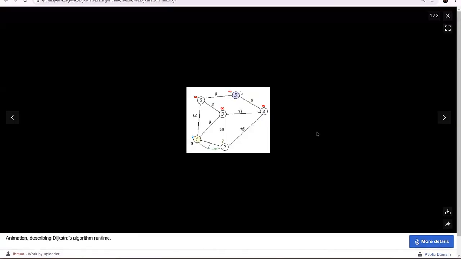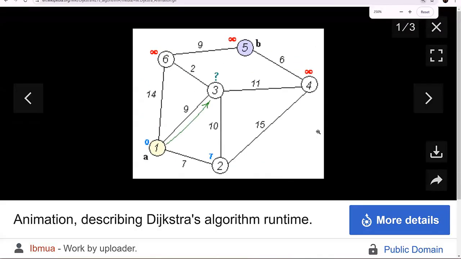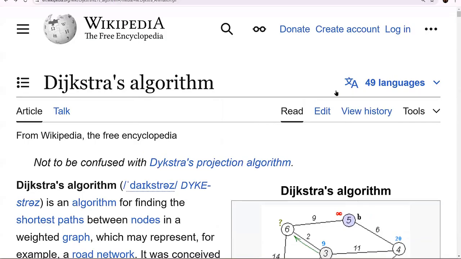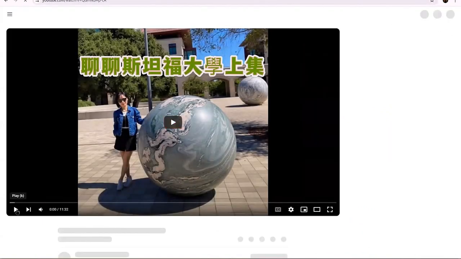Let's see. Okay. Anyway, let's try to do this. Let's find a video to get the Dijkstra algorithm.